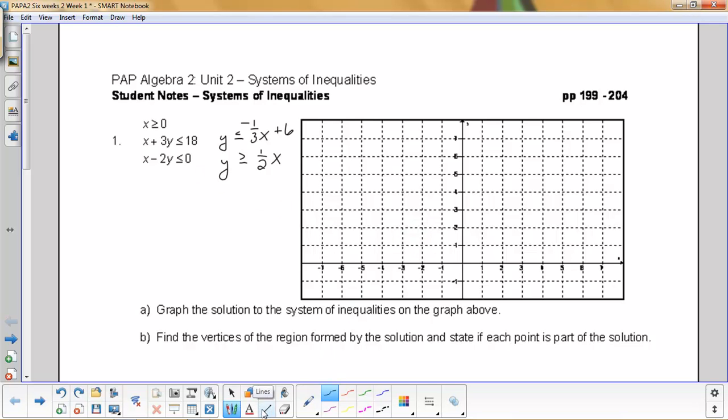Then what you'll do is graph these three lines. The vertical line at x equals 0. You will use slope-intercept form to create your other two lines, starting at the y-intercept of 6, down 1 over 3, down 1 over 3, and connect that line there.